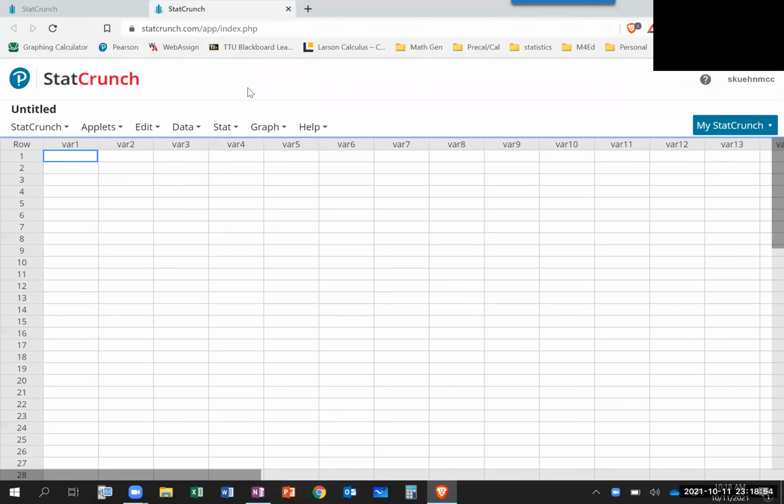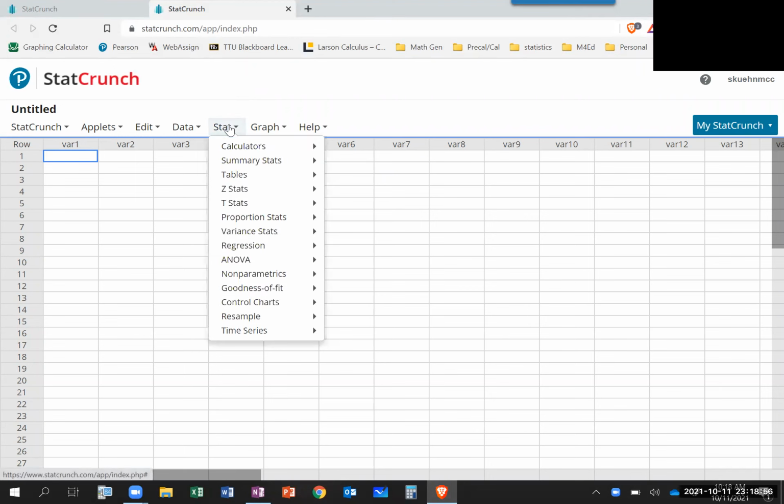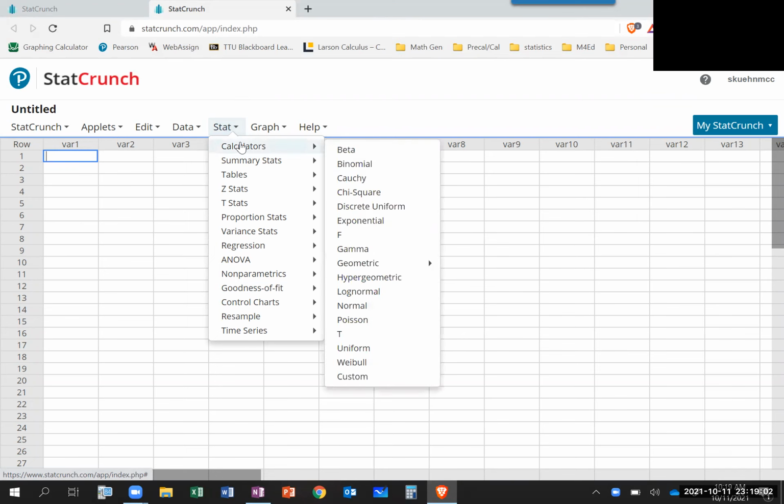So our calculator came under stat calculators, right? Our custom calculator from last week. Well, if I hover my mouse here, you'll notice there is a binomial calculator. So when you're making this list of things to use StatCrunch for, and you're writing the heading, chapter 6 is about expected value and binomial distribution, we're going to use the binomial calculator for the binomial probability distribution.